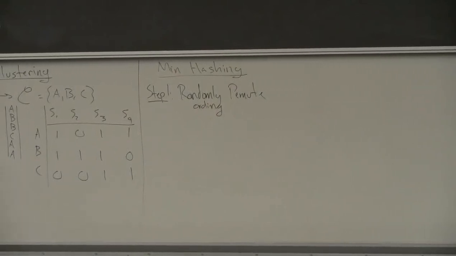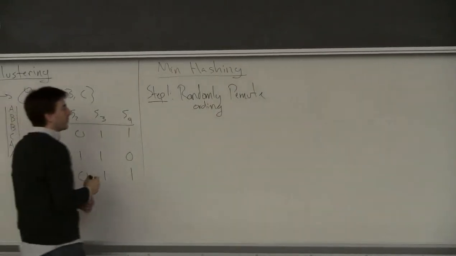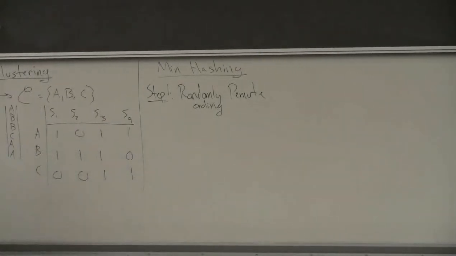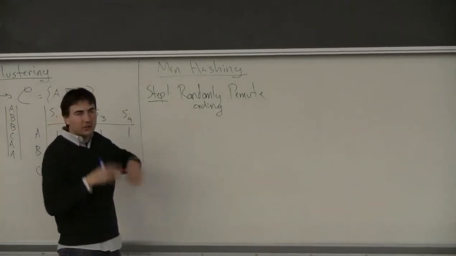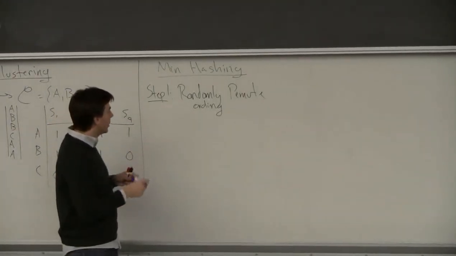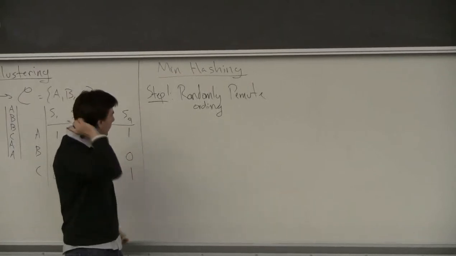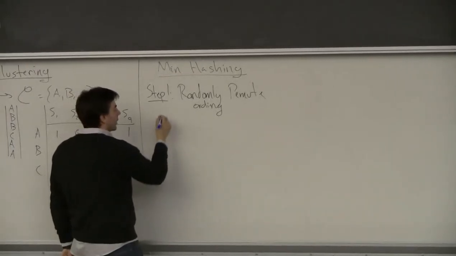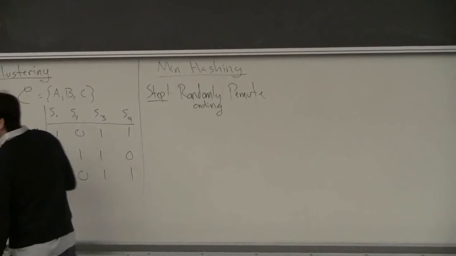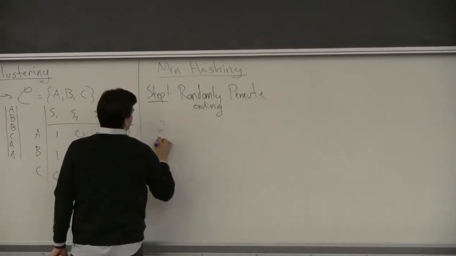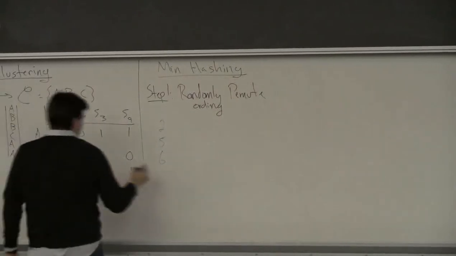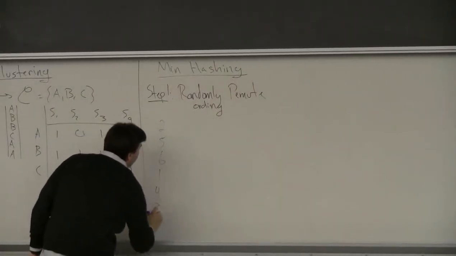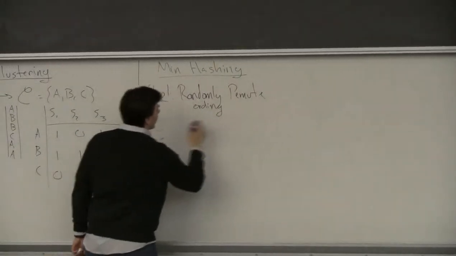So instead of ordering them 1 through 6, I'm going to change this up. So let me write an example here. You don't actually need to do this full random permutation, but it's easier to think about this way. So we'll do 2, 5, 6, 1, 4, 3.